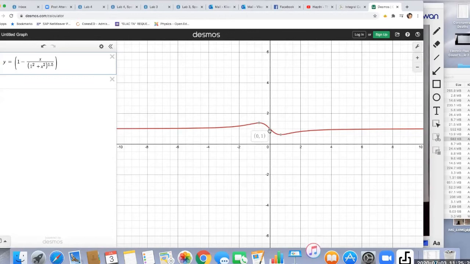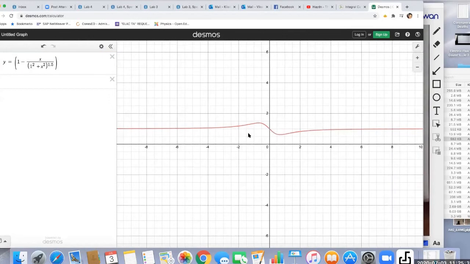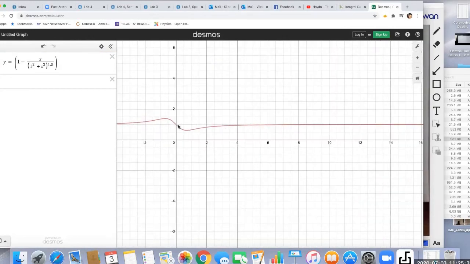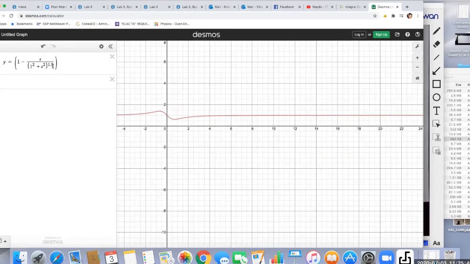So the electric field actually dips and, oh wait, no, it's not 1.5. Is it 1.5? Oh no, it's a radical. Something is wrong. The 1.5 before is for the integral. It's a 0.5, right? For the electric field. Oh, that's a huge difference. Okay, there you go. So what is it saying?